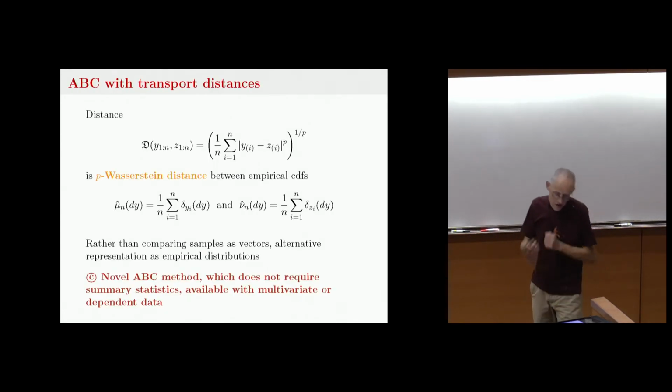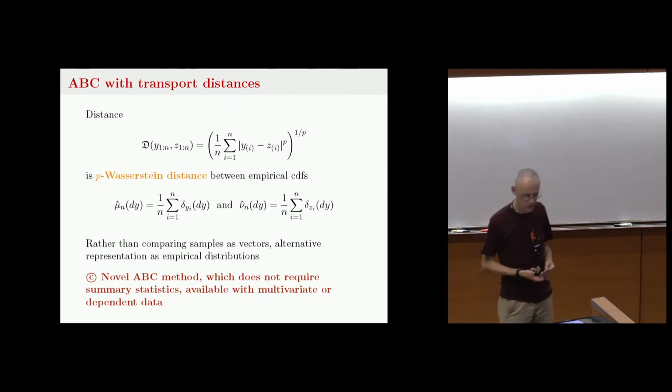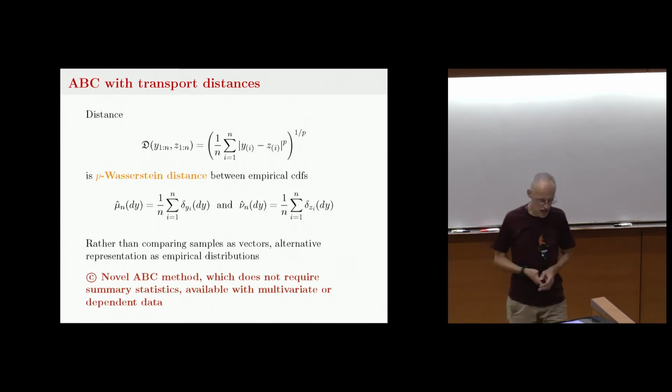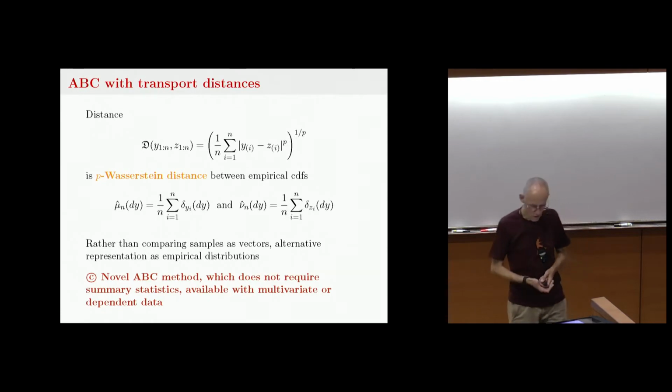Okay. And so the notion that leads to Wasserstein distance is that this is one special case, in the unidimensional case, of Wasserstein distance between two samples, or between two empirical CDFs, the one based on the observed sample and the one for the simulated sample.